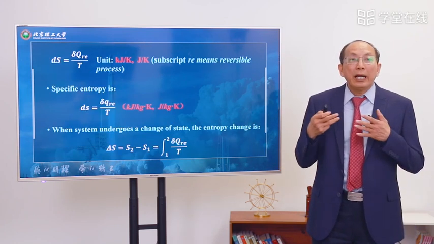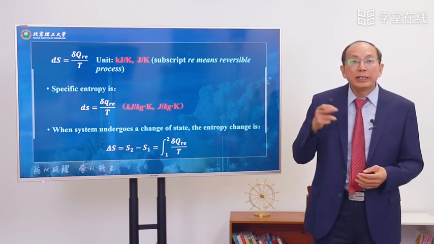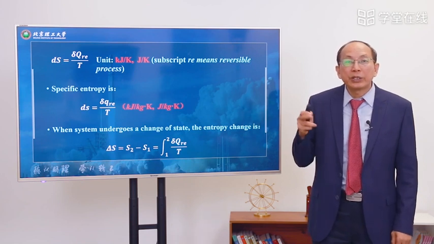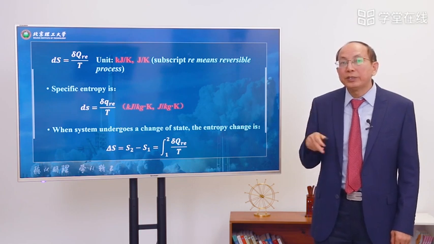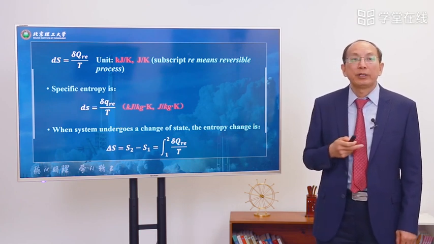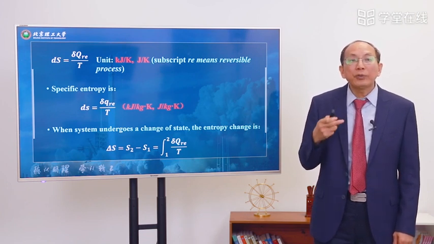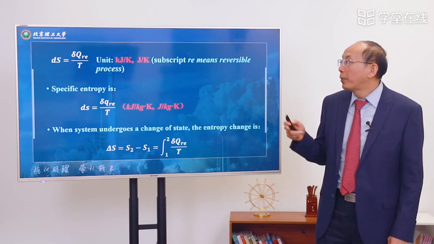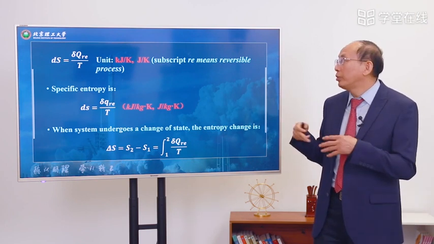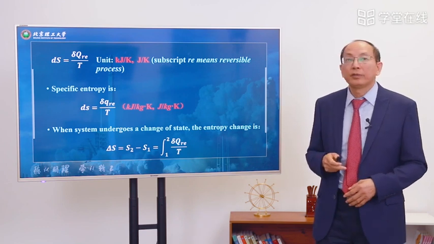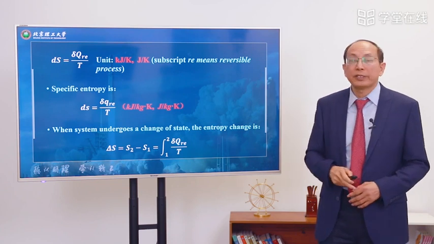So entropy in a reversible process is dS equals dQ_Re over T. Here Re means reversible process. The entropy unit is kilojoules per Kelvin. Sometimes we use joules per Kelvin. The subscript Re means reversible process.